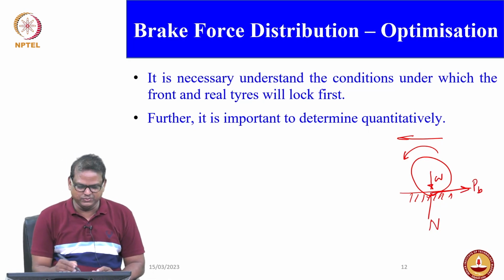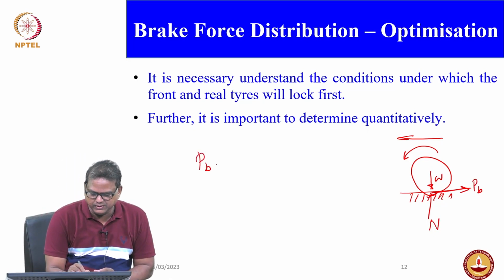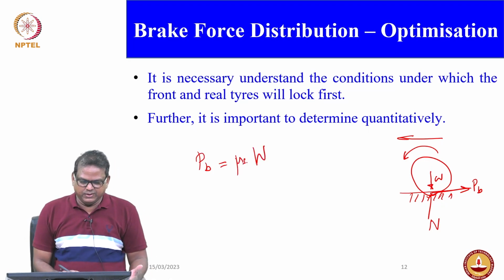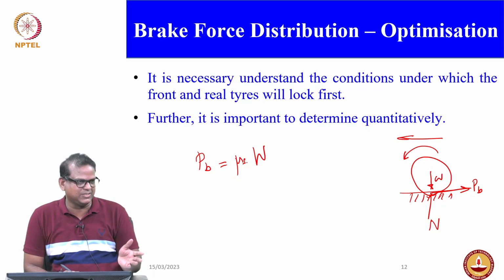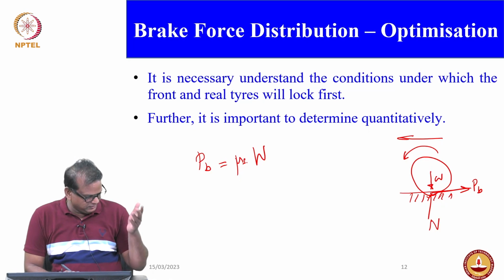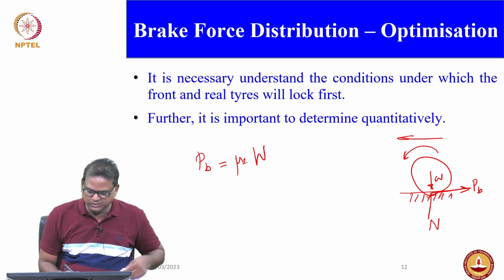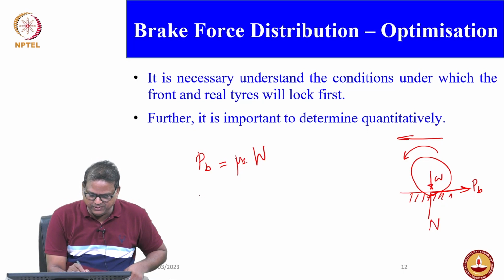So the PB is mu s into W. Everything we're talking about, I need to understand and quantify which will lock first. That means I'm talking about the deceleration rate aspect.